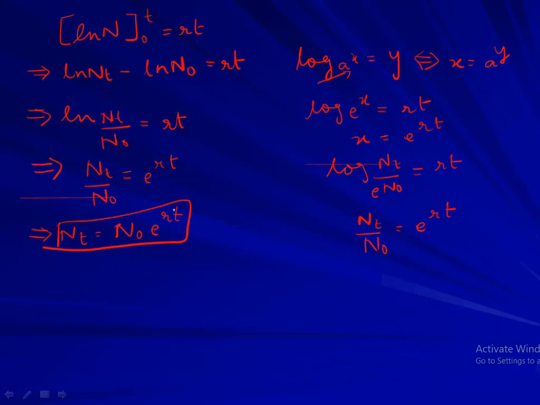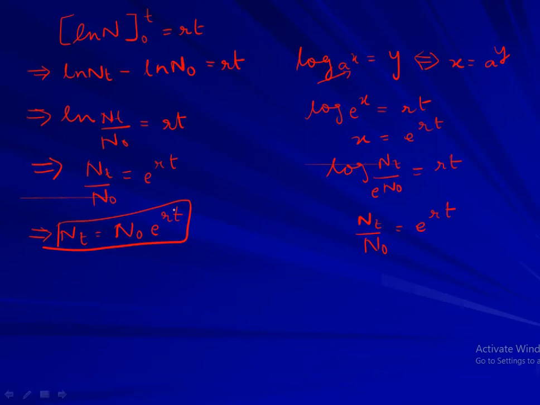So as the time increases from 1 to 2, 2 to 3 and 3 to 4, what happens to the Nt value? It keeps increasing exponentially because e raised to 1, e raised to 2, e raised to 3, and so on. So the value increases too much, and the population increases very, very fast. So this is how we derive the exponential equation, and that is how it is defined as the exponential growth.